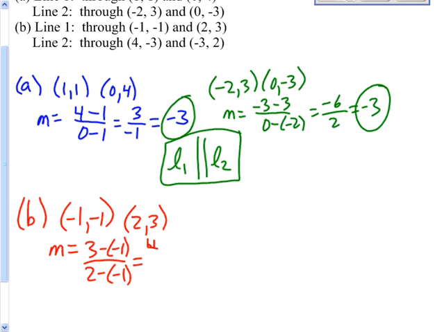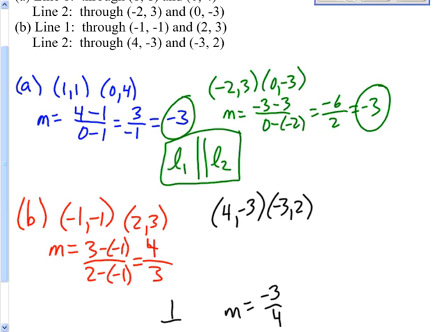Looks like we got 4 over 2 plus 1, 3. Slope is 4/3. Now, if these are parallel, when I find the slope of my next one, it will also be 4/3, right? If they're perpendicular, this slope over here would be -3/4, okay?